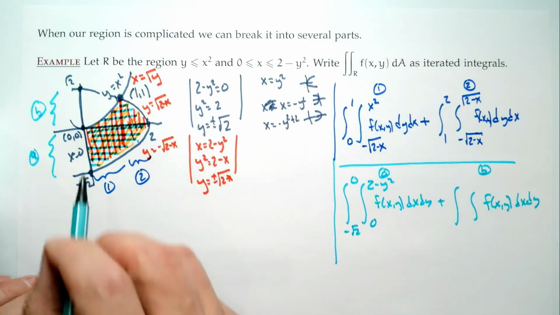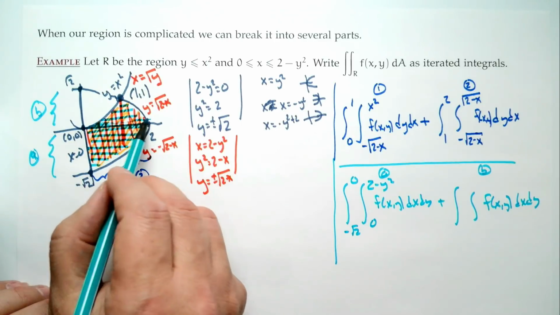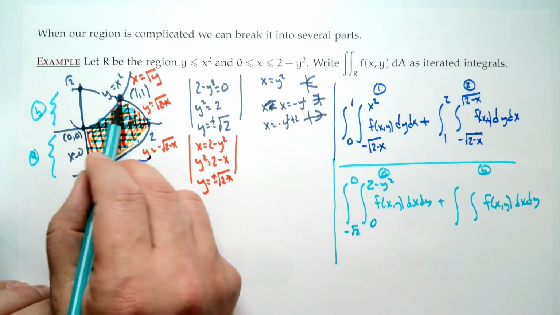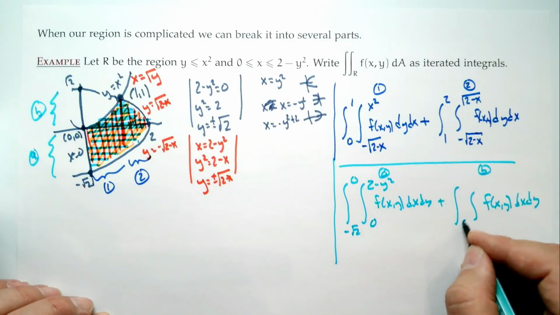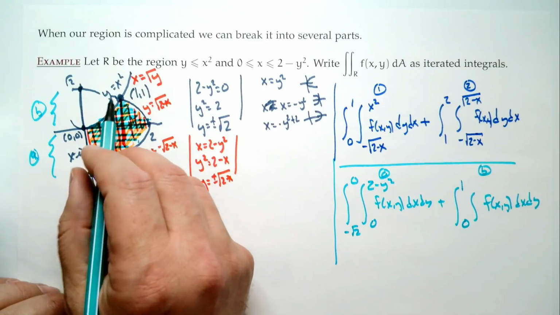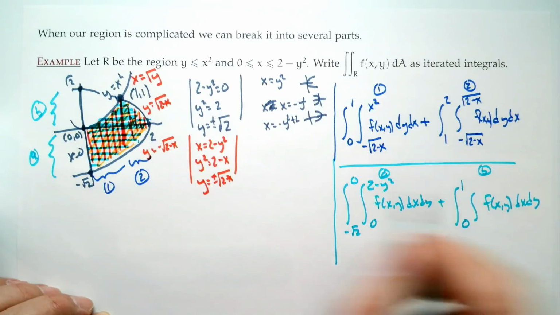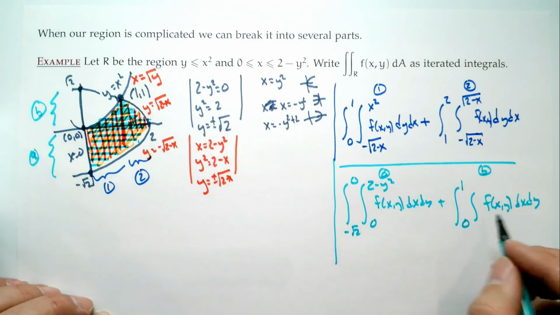Now, let's go to our next part. Where do we start slicing for the next part? 0. Where do we stop? 1. 0 to 1. Now, what's our bound on the left? Again, it should be an x equals type thing. Square root of y.